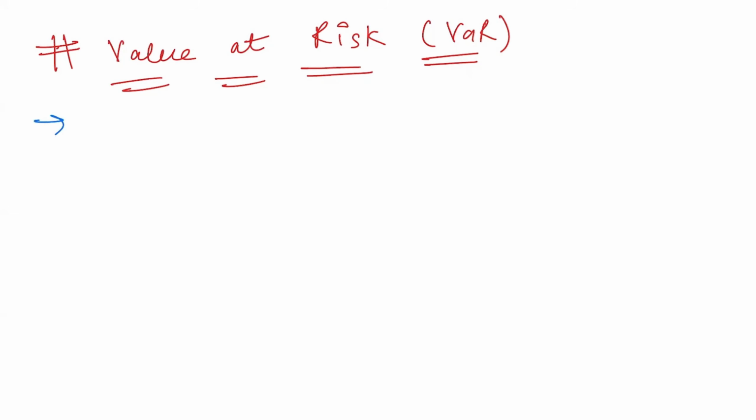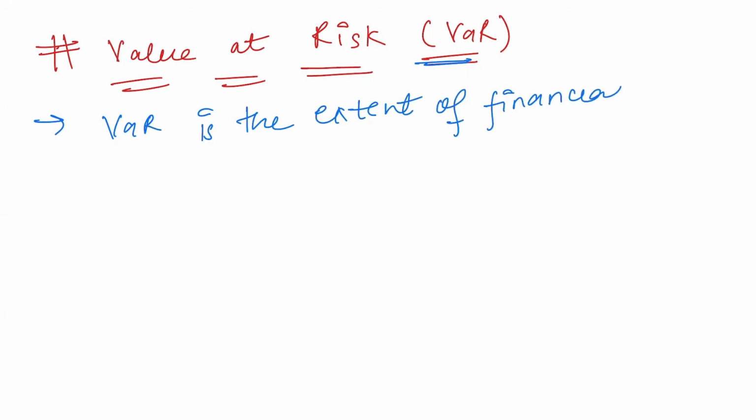Value at risk. Even though we write value at risk, it can also be written as VaR, with a small a and capital R. So value at risk is the extent of financial loss within a portfolio or position.